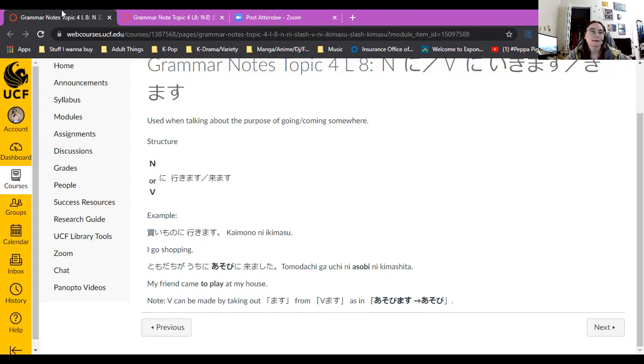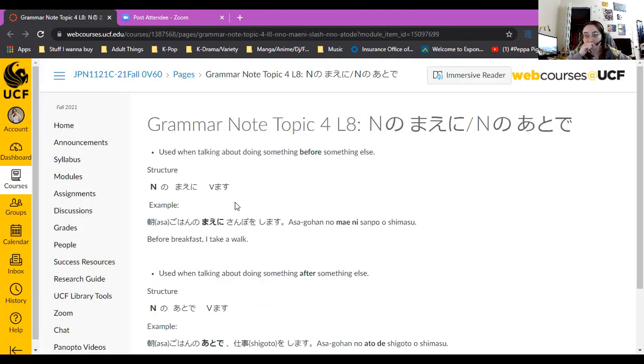Okay, and then the next concept, which is the last one, is noun no mae ni, noun no ato de. So this is once again before the noun, you do this verb, or after this noun, you do this verb. So let's start with before. It's used when talking about something before something else.